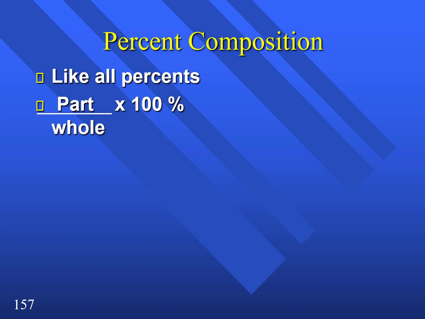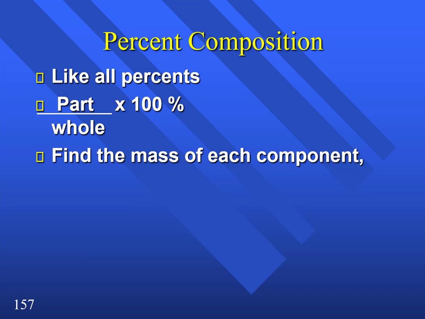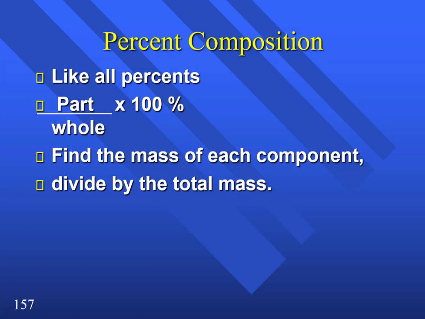So in order to figure out a percent, I'm going to need to know the part and the whole, right? So I've got to figure out the mass of each component. There's going to be a percent for each element that's in there, and then I have to divide by the total mass.